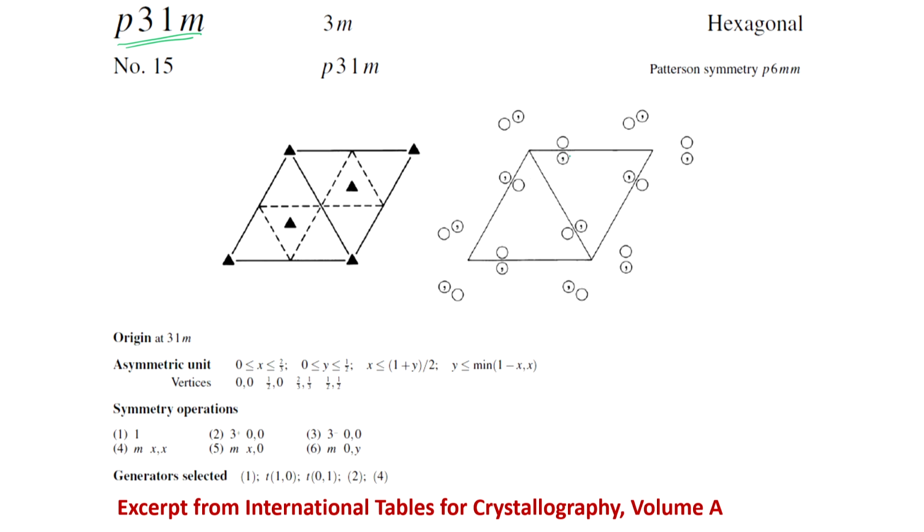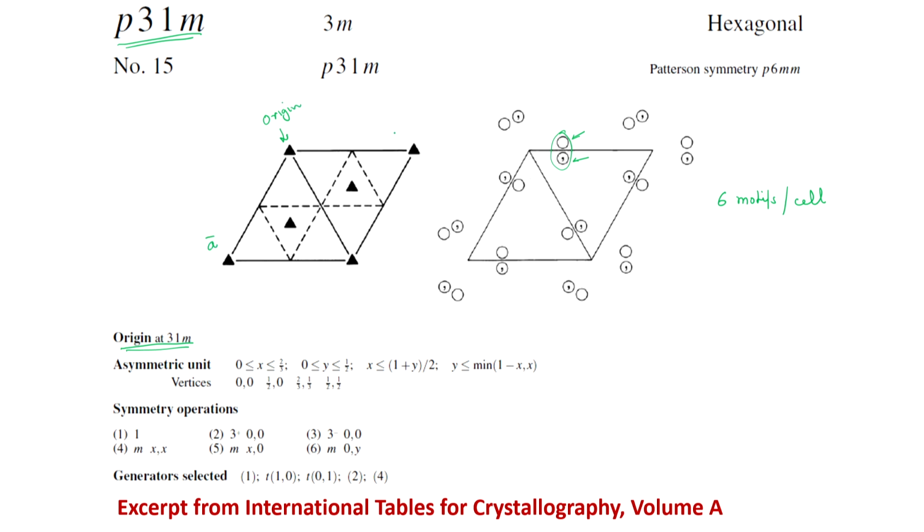If I put one motif here, the reflection will take it here, and this pair can be rotated around by the threefold, giving me basically a total of 6 motifs per unit cell. Again, the origin is kept at the highest possible symmetry. Again, always the origin remains here.